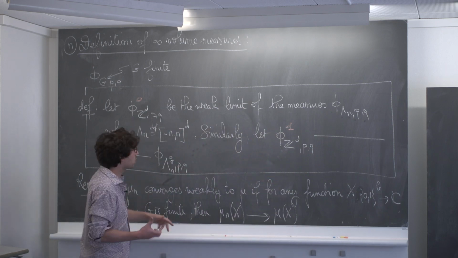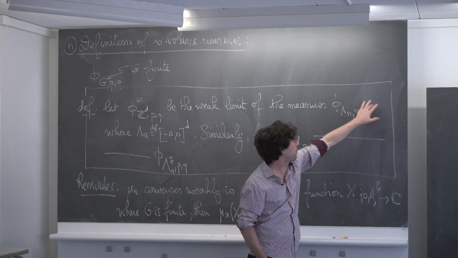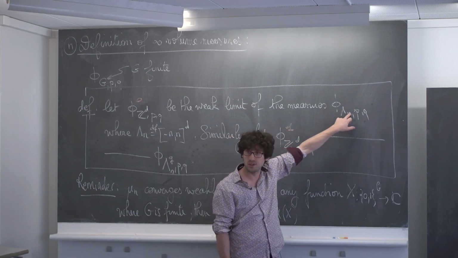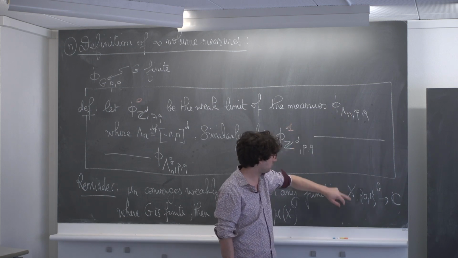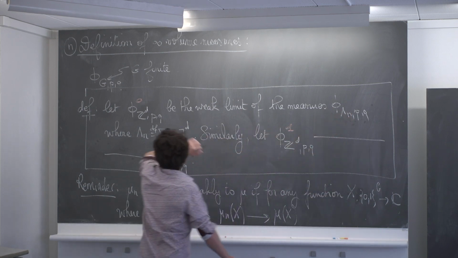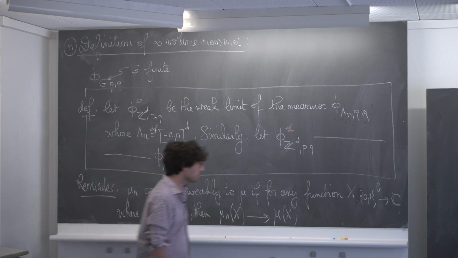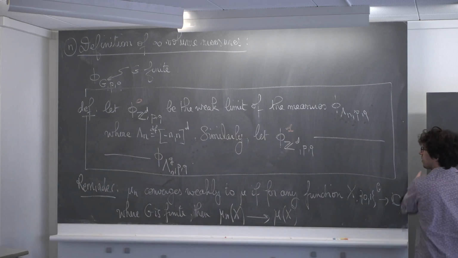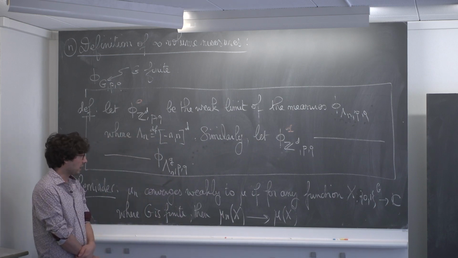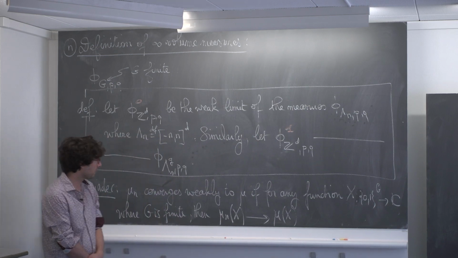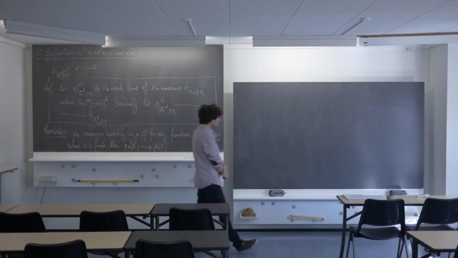So you say you have weak convergence, meaning that when n is sufficiently large that it makes sense to speak of the average of X, this thing converges to the average for the limit measure. So this is the definition.